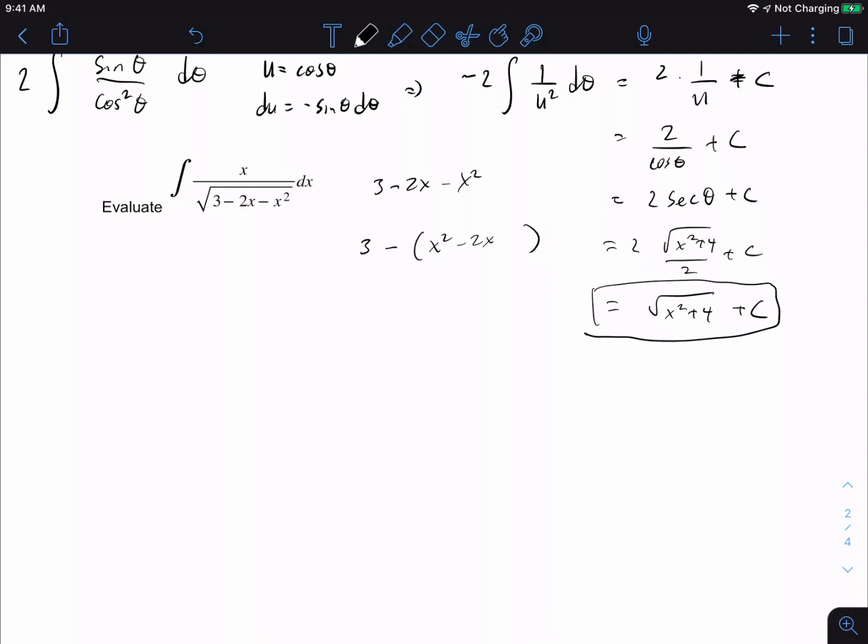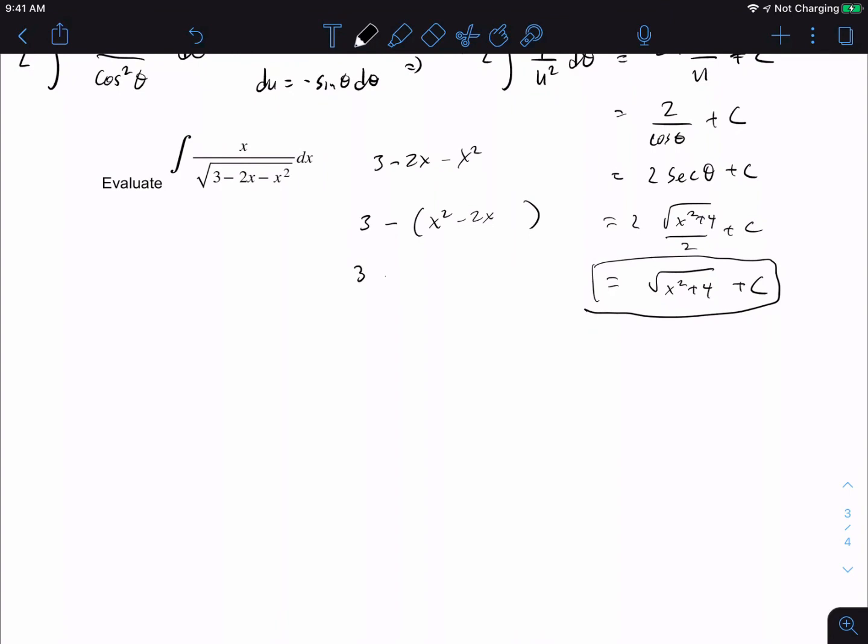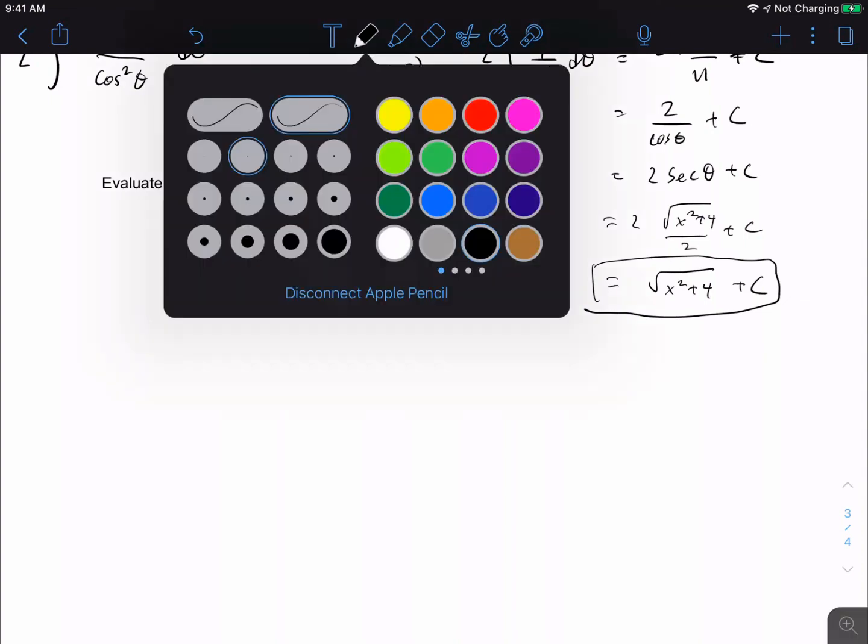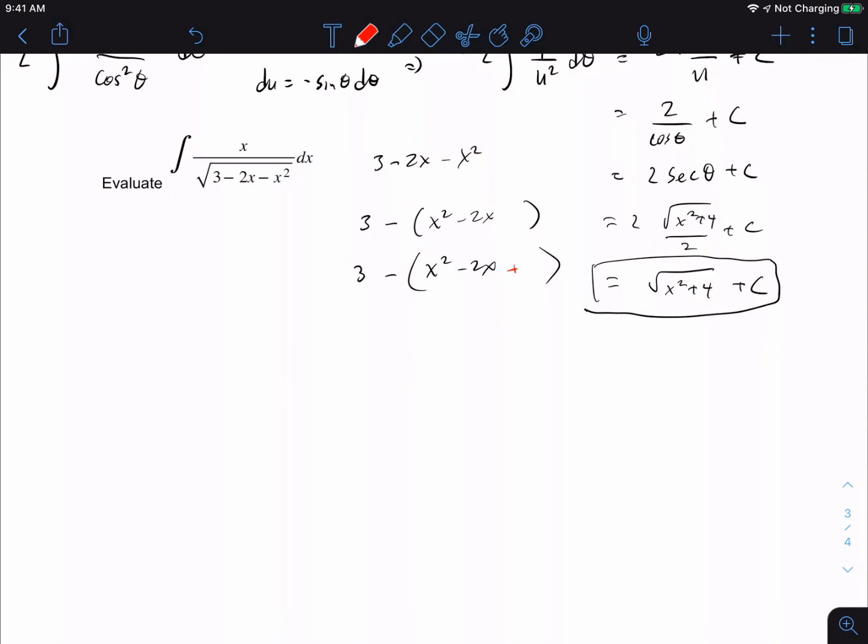Okay, so I'm going to go 3 minus x squared minus 2x. And then in order to complete the square, I need to take half of 2, which is a negative 1, and then square it. So negative 1 squared tells me to add 1 here, right? But am I really adding 1?